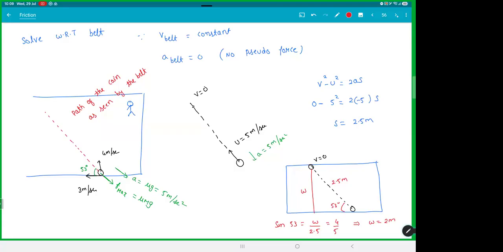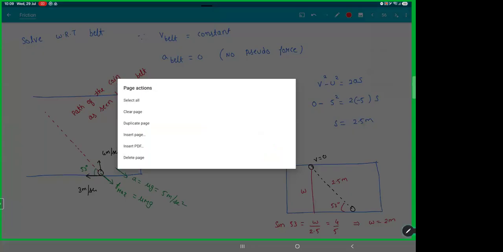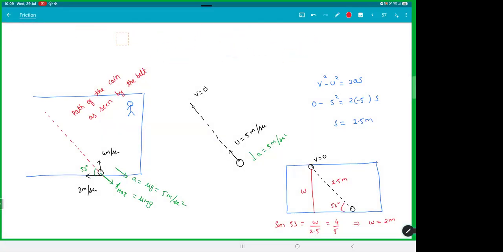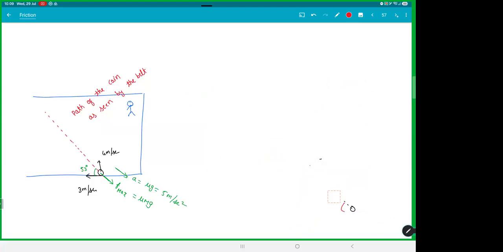Any answers? How do we do that? See, this guy on the belt, he will think it is going this way with this acceleration.